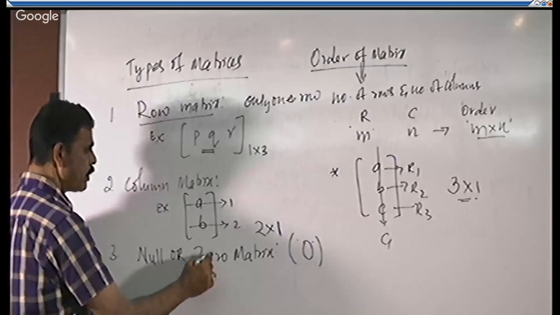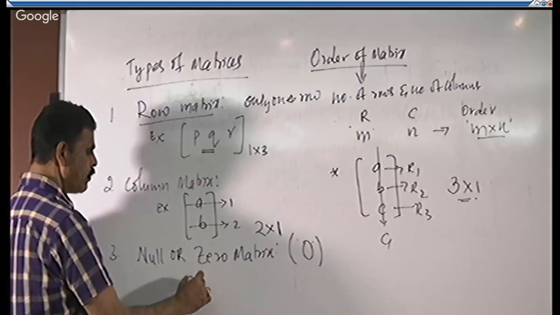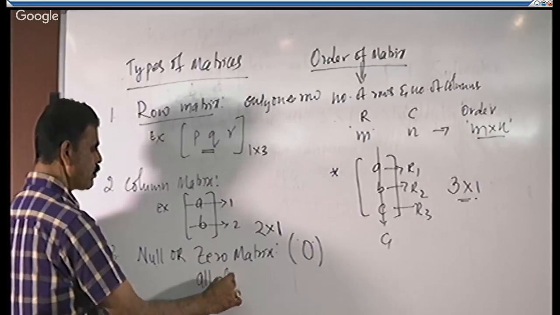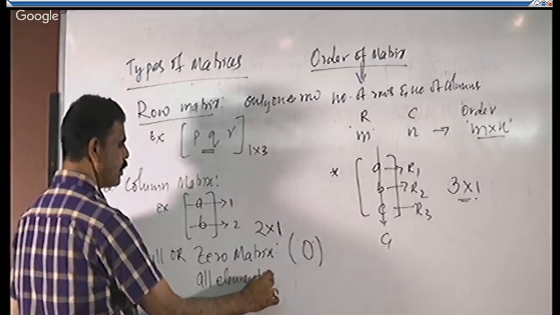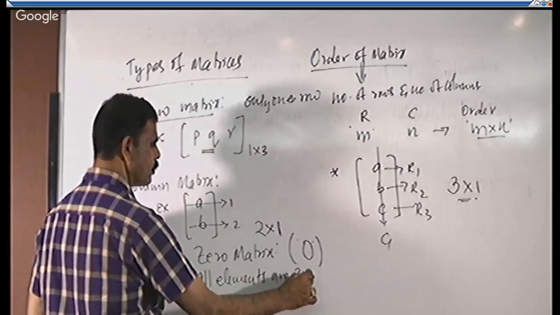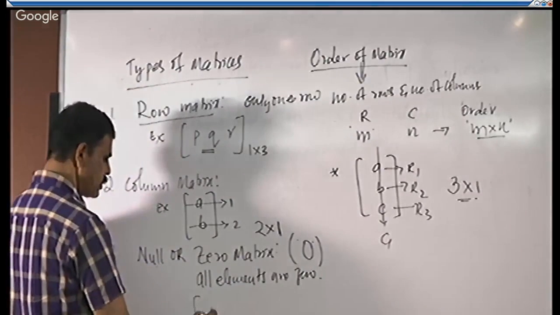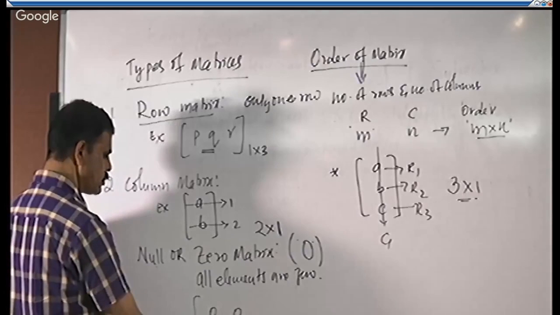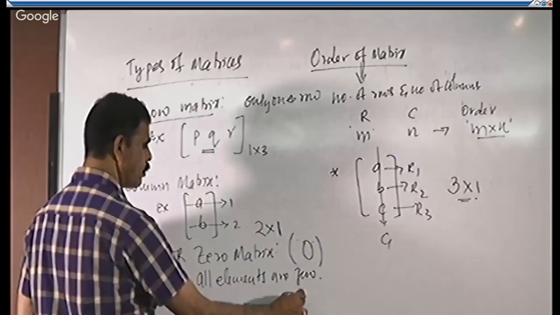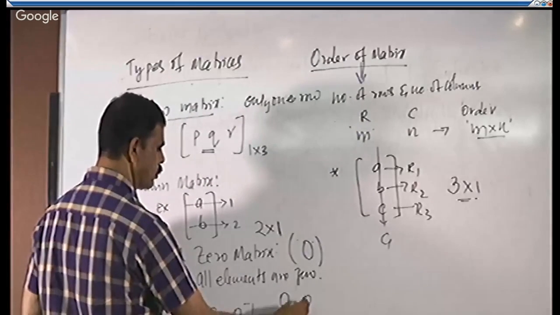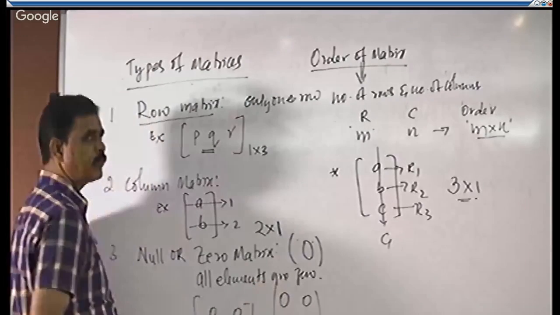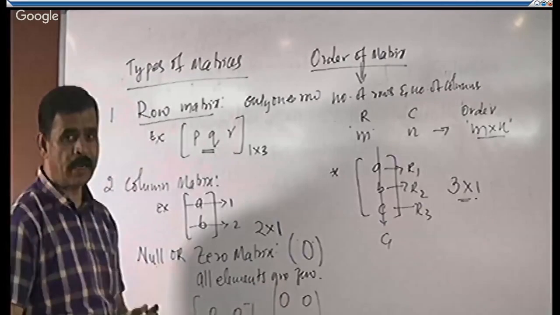All elements are zeros. See the example: 0, 0, 0, 0. This is a null matrix.